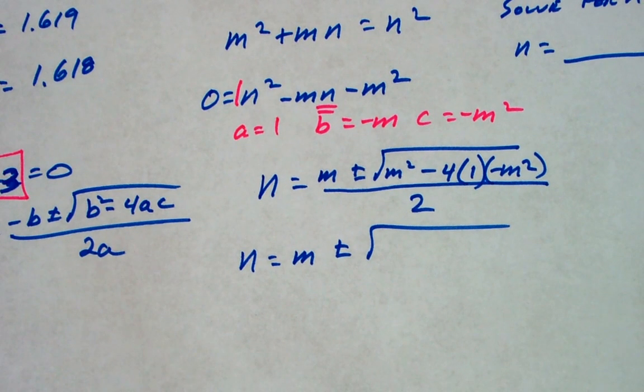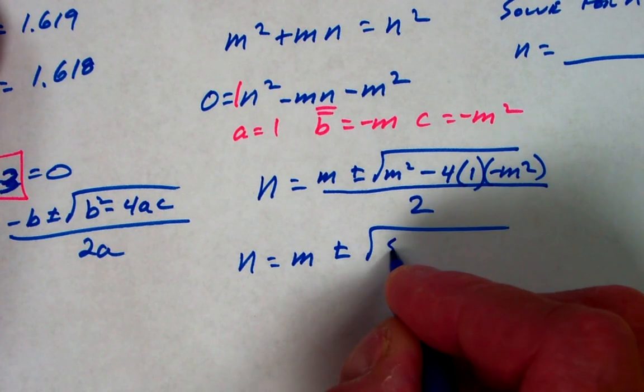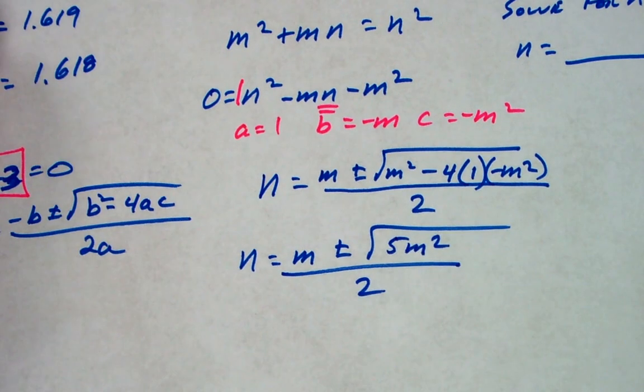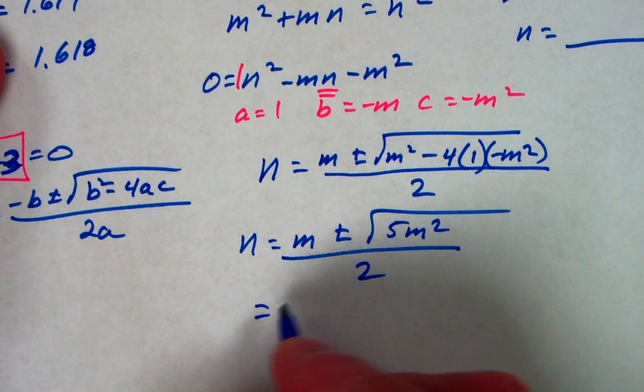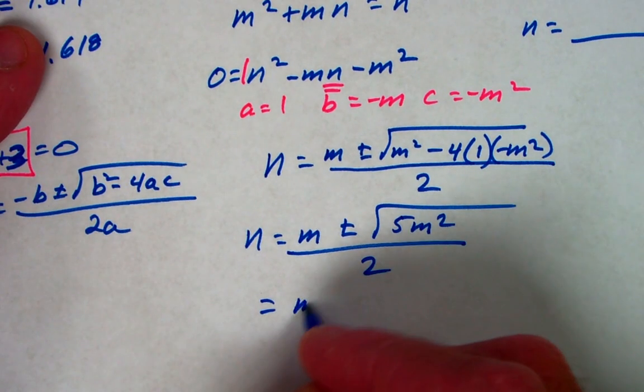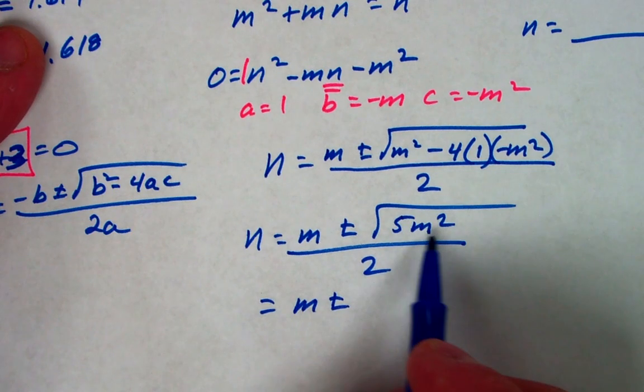It's 5m squared, because my negative and my negative cancel each other out, and we get m squared plus 4m squared. So we get 5m squared over 2. Okay. Do you think I can simplify this a little bit? Well, m plus or minus, I can take this m out.